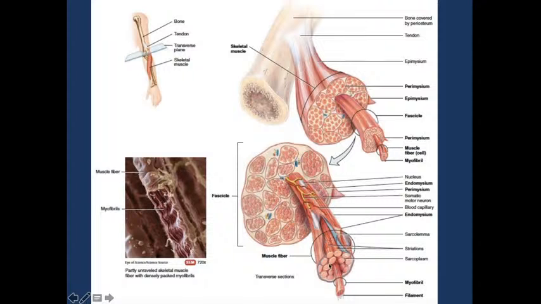Myofibrils are the elements inside of muscle fibers. And muscle fibers are some kind of cells, cells that were combined together and make a long structure called muscle fibers.